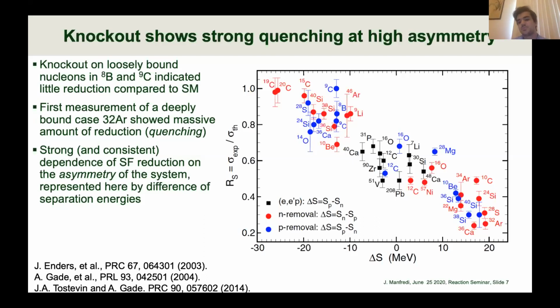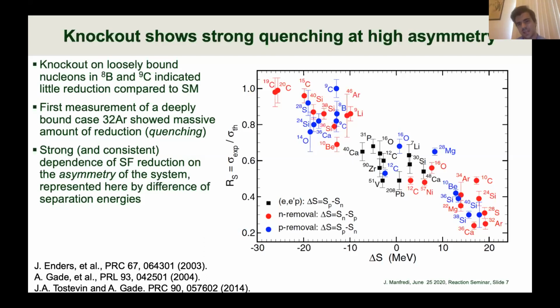And basically, it's communicating how bound is the specific nucleon that's being removed from the nucleus. And on the y-axis is a quantity called the reduction factor. Basically, you can think about this as spectroscopic strength. It's the experimentally determined, in this case, cross-section or spectroscopic factor compared to what you would expect from the theory.